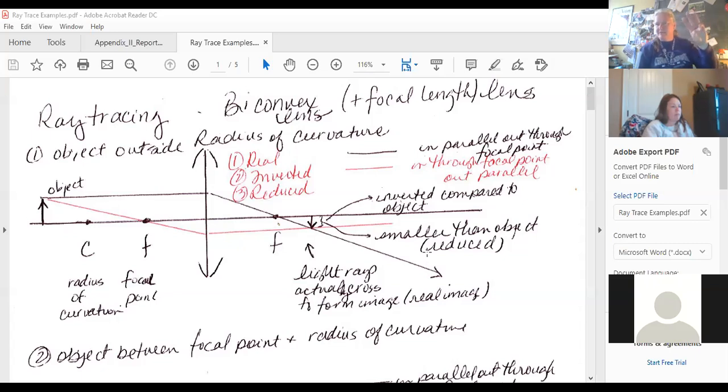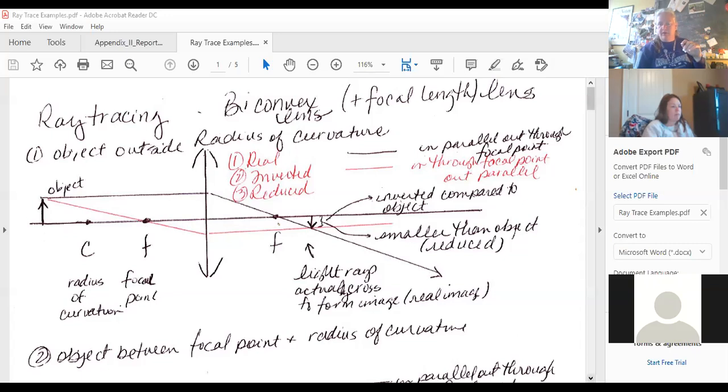So it's real, inverted, reduced. Those are the three criteria for that image. So: in parallel, out through the focal point; in through the focal point, out parallel.